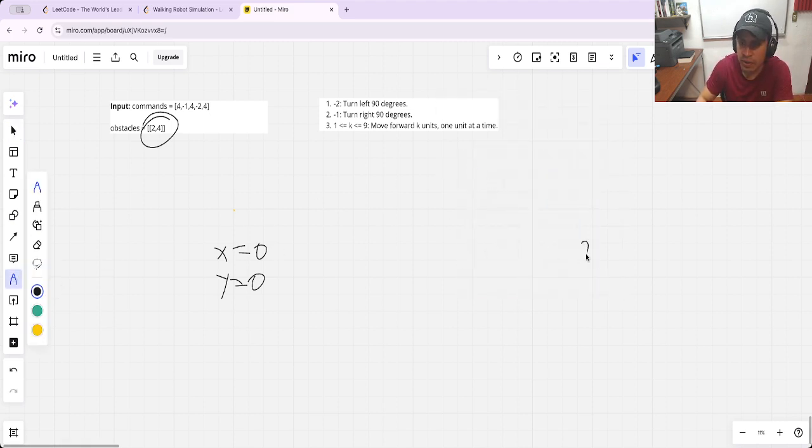For example, here 2 4 is a string, and basically all the time we validate whether the current coordinates, in this case 0 0, are in this hash set.